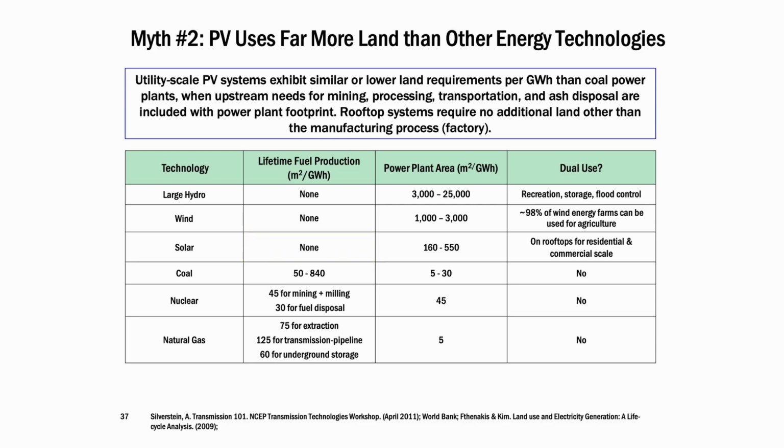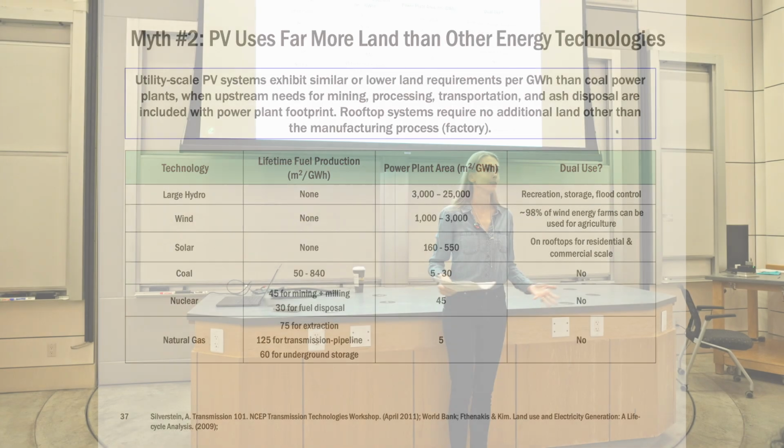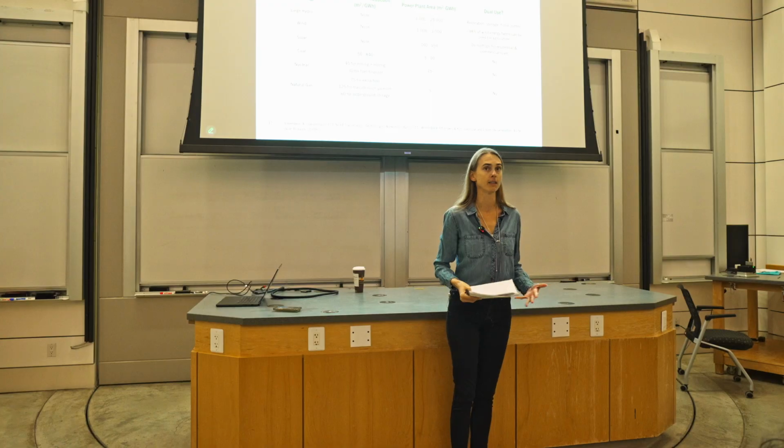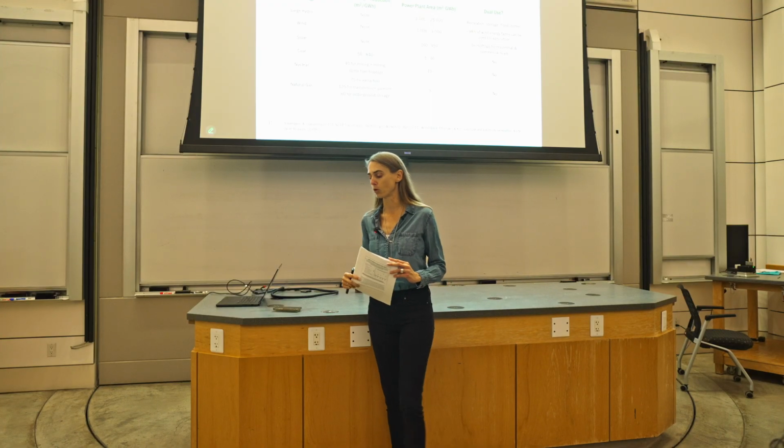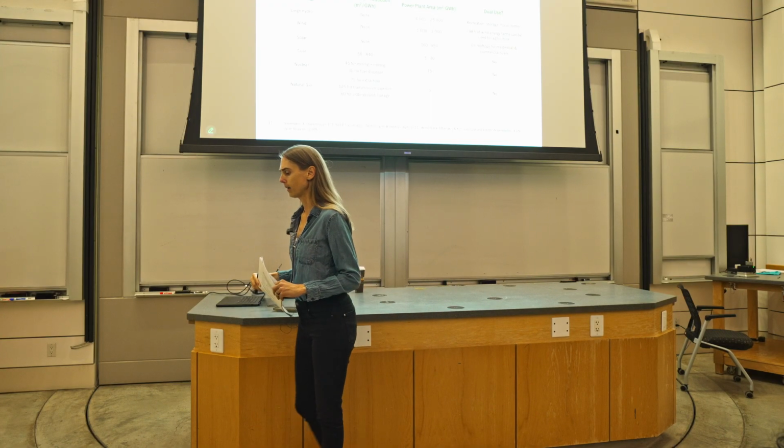So if you look at solar PV power plant area compared to, say, a coal or nuclear or natural gas facility, including fuel production, it's actually quite comparable. But still, solar does use a lot of land, and that can create some challenges for the power project itself.